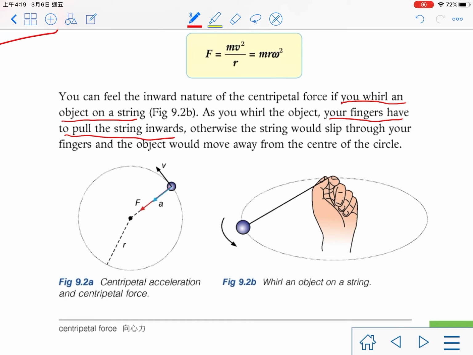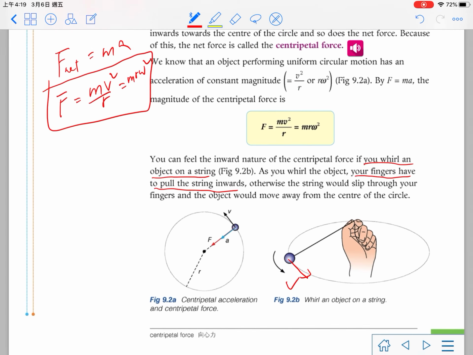Then you feel you have exerted the centripetal force on the object. Without this centripetal force, what do you think happens to the object? It will move in a straight line and go away.